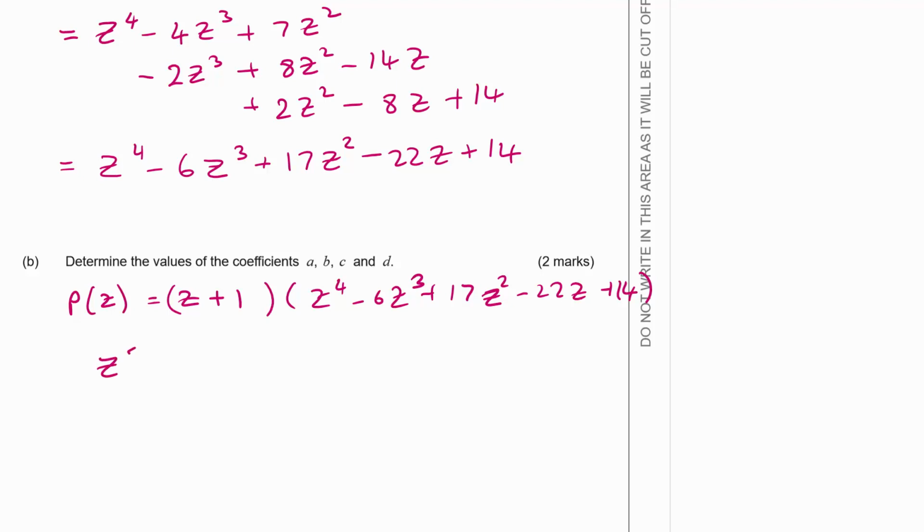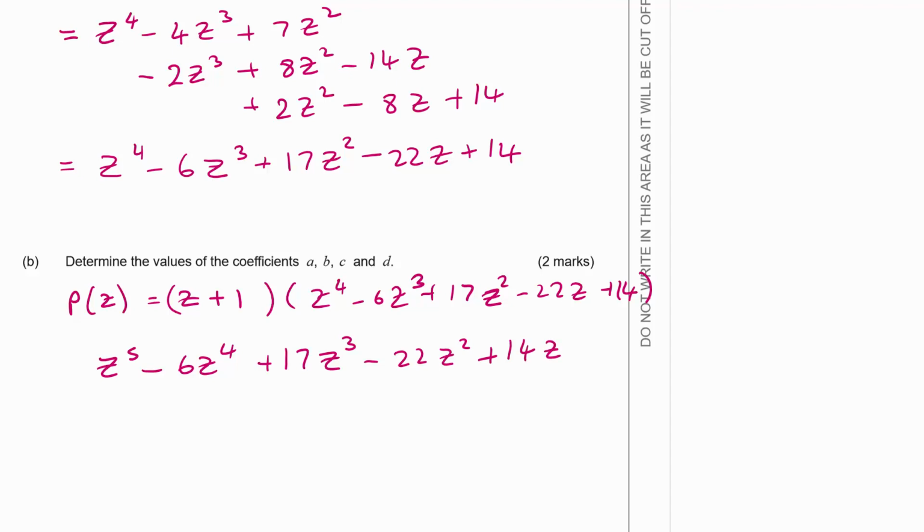So we've got z to the 5 minus 6z to the 4 plus 17z cubed minus 22z squared plus 14z.